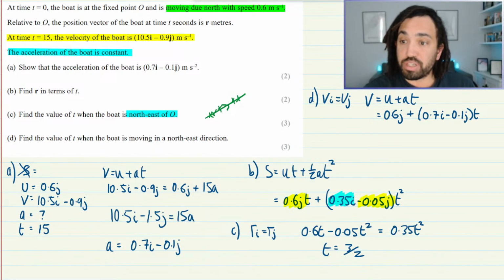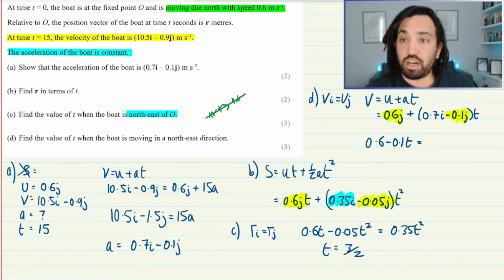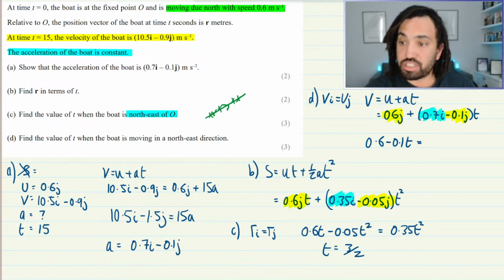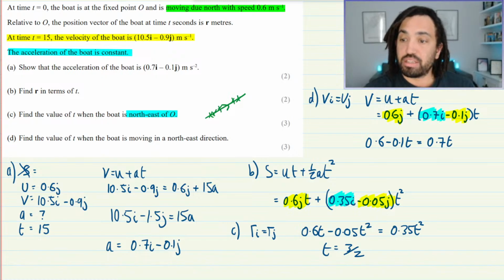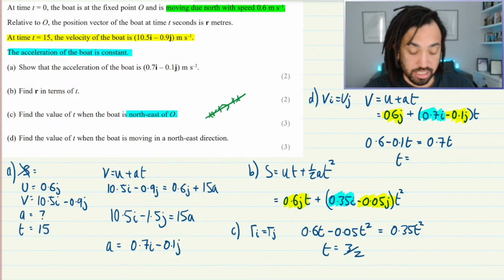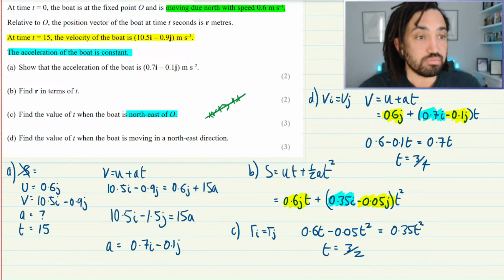So what we do is we look at the j's, which are these two. So that is 0.6 minus 0.1t, and that is equal to the i's, which is just this, but don't forget times it by t as well. We can solve that and we get 3/4. Bosh.